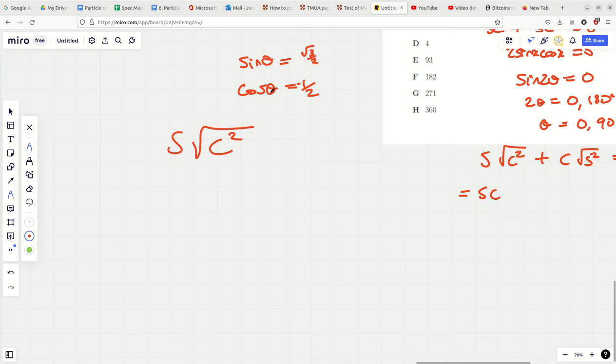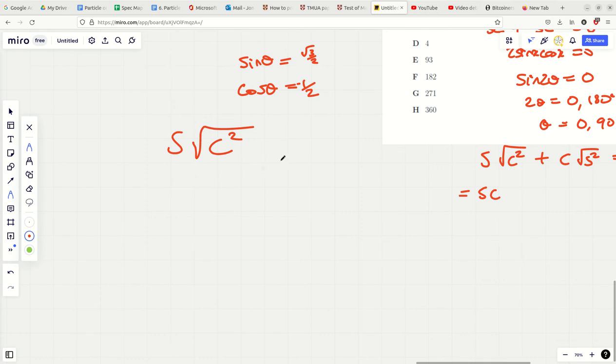So at the moment, if I was to follow this rule and do S times the square root of C squared, C squared is a quarter, square root I get a half, times root 3 over 2 is going to be root 3 over 4.